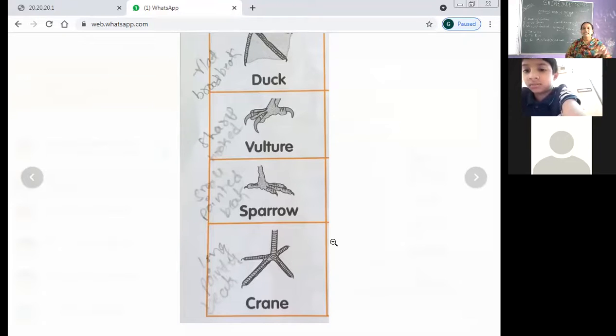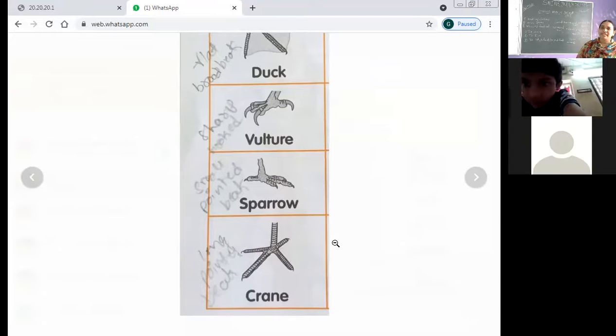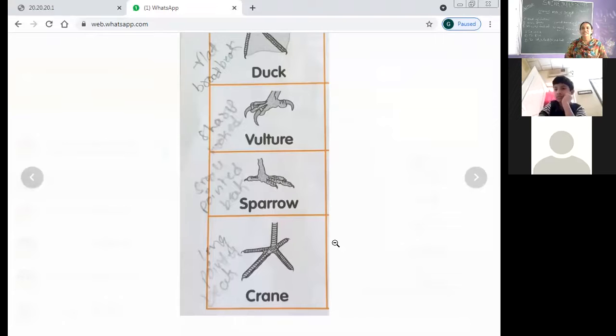It has to walk in muddy water. What type of food does the crane eat? The crane eats fish, and it lives near the water bodies, where we have muddy water.